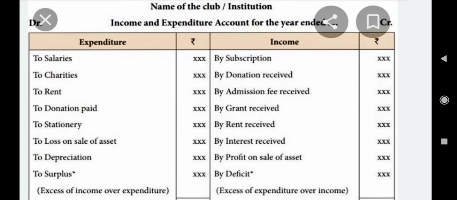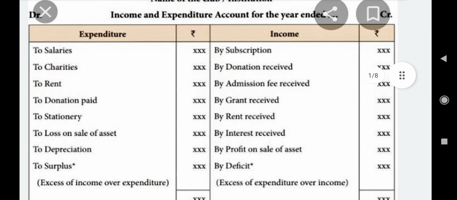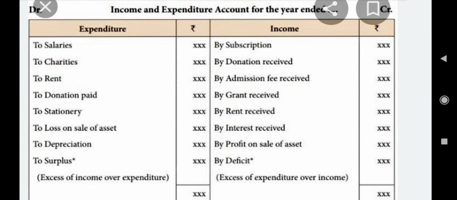The expenditure is on the debit side, then the amount block, then income, and then the amount block on the credit side. Got it? Now see, in expenditure mostly we go with "to", and in income we go with "by". Then to salaries, charities, rent, donation paid, stationery, loss on sale of asset, depreciation.